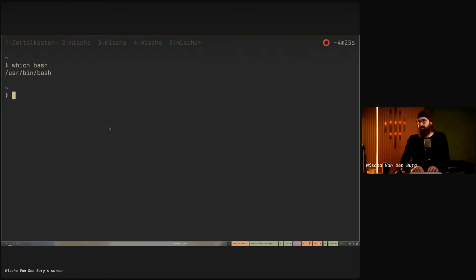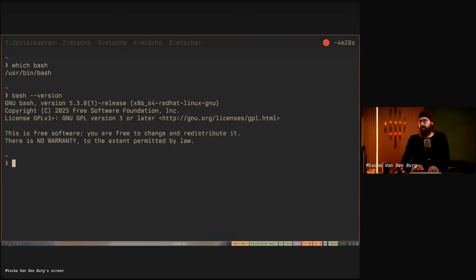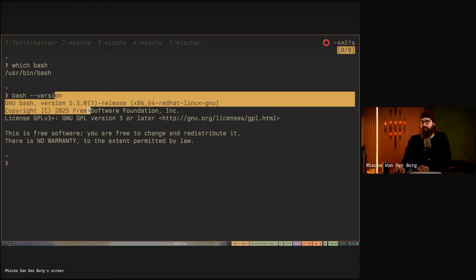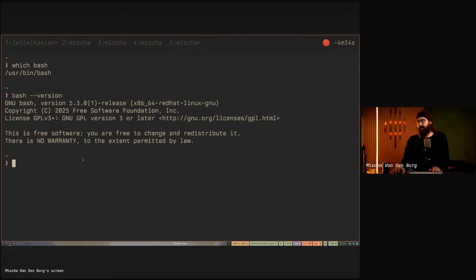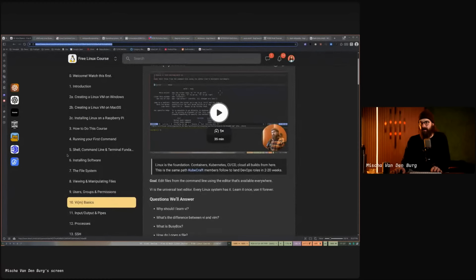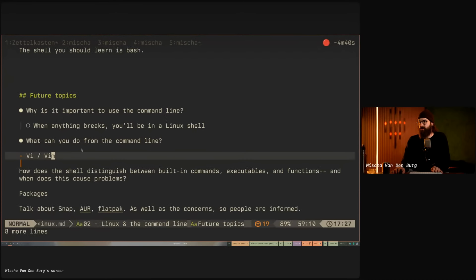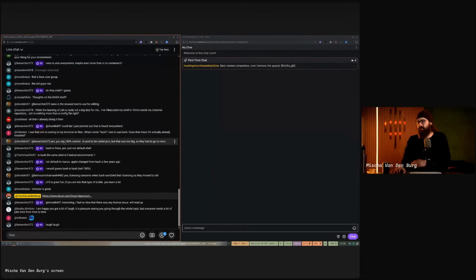So if you do Bash version, it will print out the version, and I'm running Bash 5.3.0. If you're running something very old, then I recommend installing a newer version, which you can do via brew.